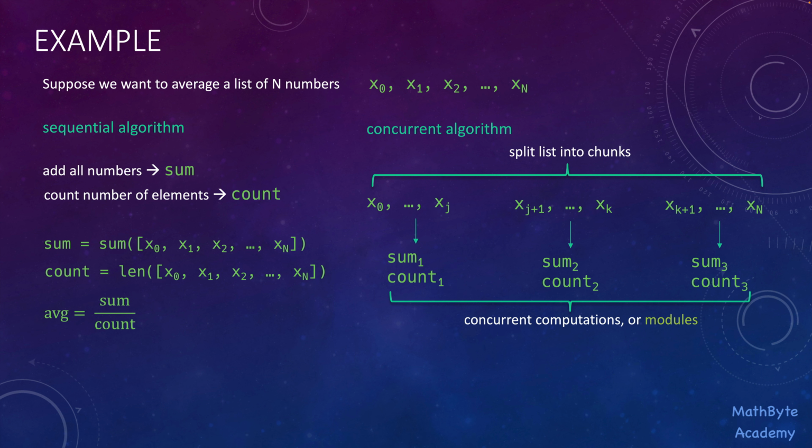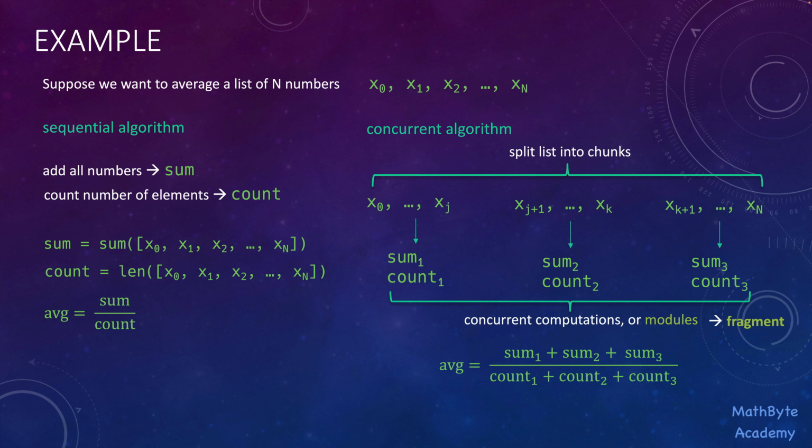They're also called modules, but I'm not going to use the word module. I'm going to use the term fragment, because module in the context of Python could be confusing. You could think of it as a Python module. This is not what this is. So we have these 3 concurrent computations, these 3 concurrent fragments.